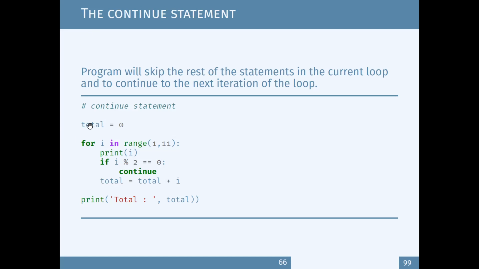Whenever Python meets a continue statement inside the loop, it will not execute any statement after it. In this particular example, that means calculating the total value, and then it will go to the next iteration.